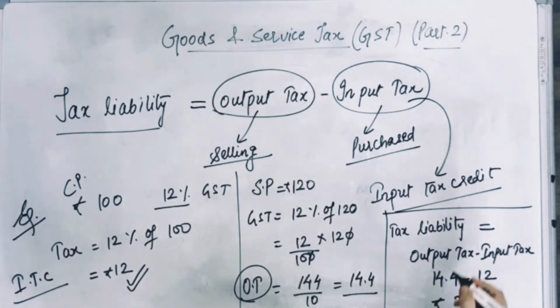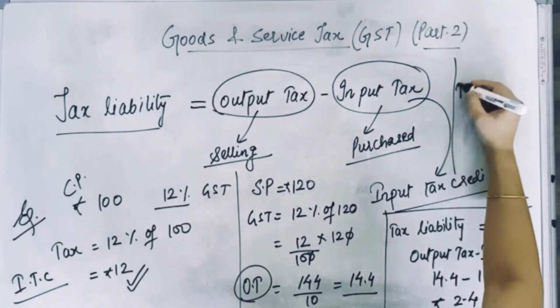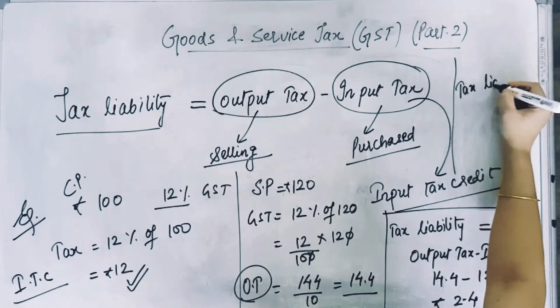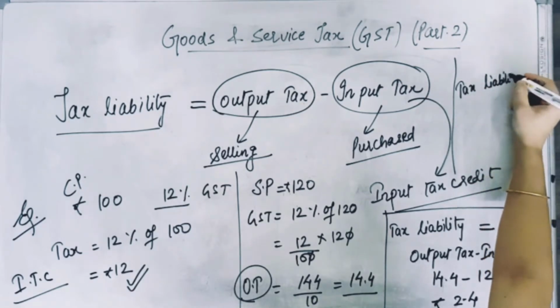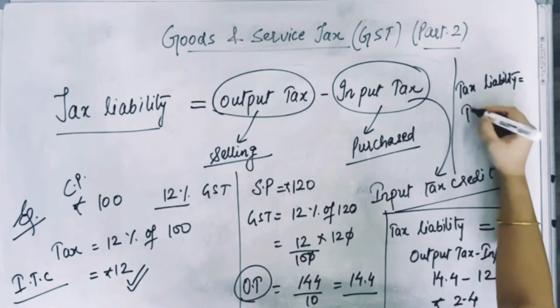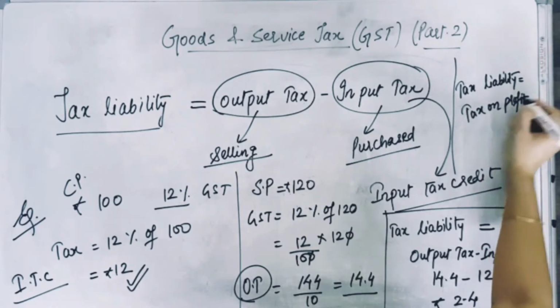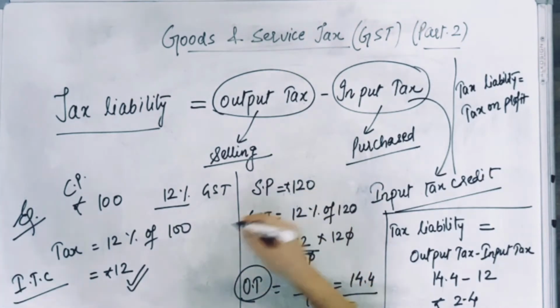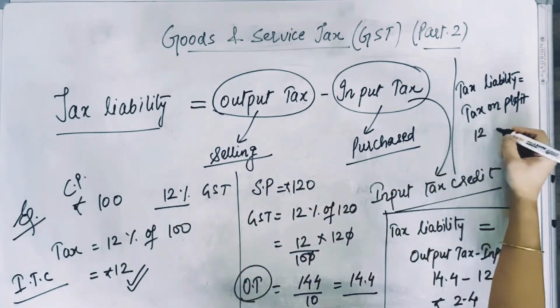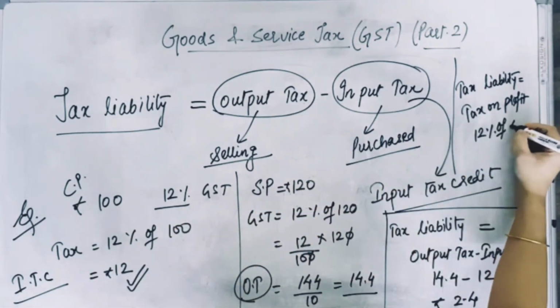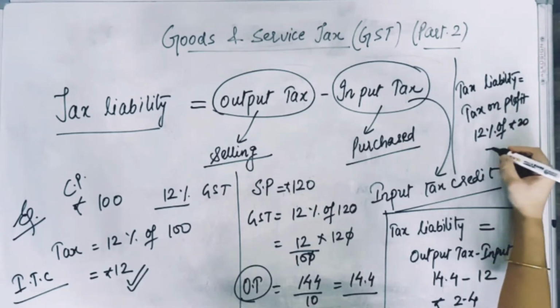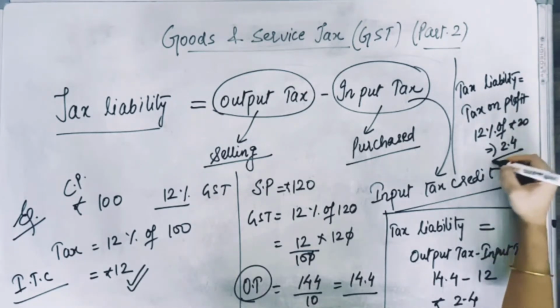In other words, we can also say that tax liability is tax on profit. Now see, in this question profit was of ₹20. So it will be 12% of 20. Thus answer will be 2.4 rupees.